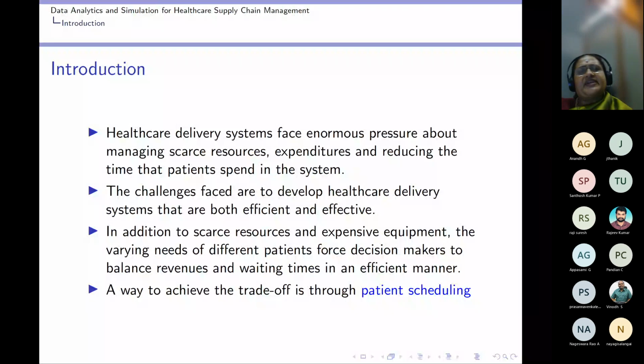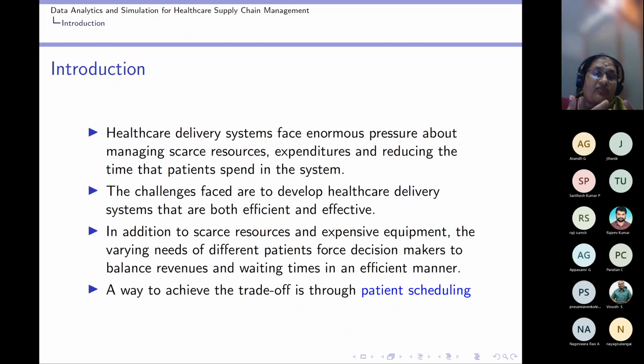What do I mean by scarce resources? Not all hospitals have MRI. Not all hospitals have CT scanners. Not all hospitals have X-ray. And even if they have a CT scanner or an X-ray, a lot of patients compete for the utilization of that resource.